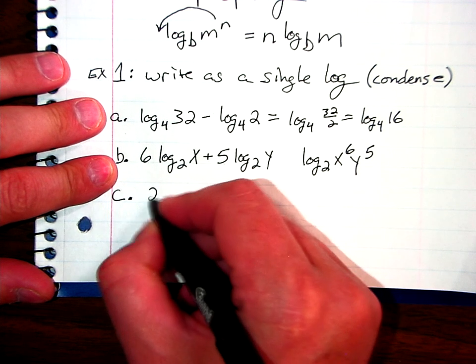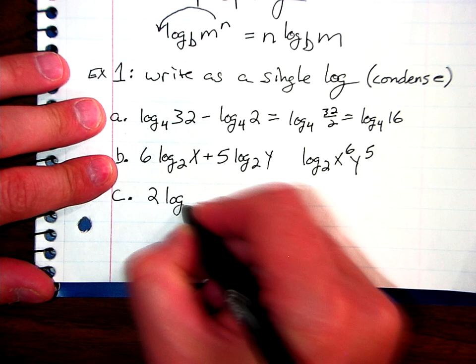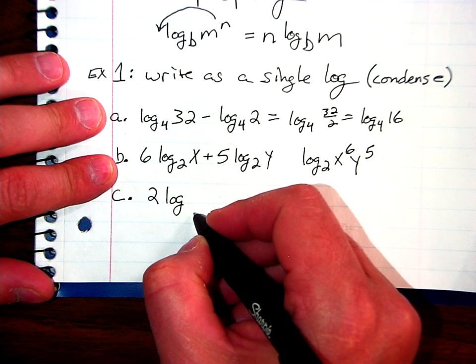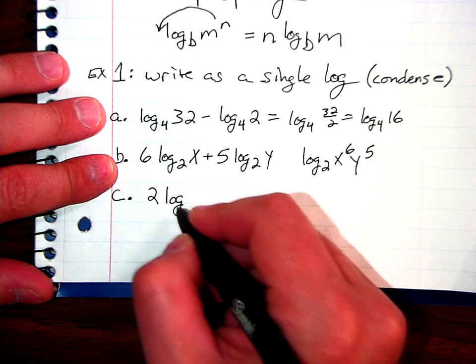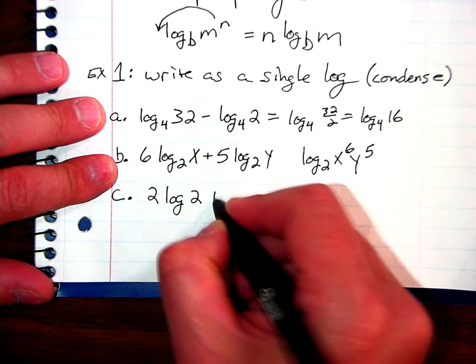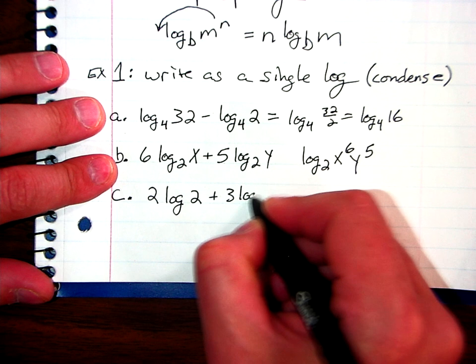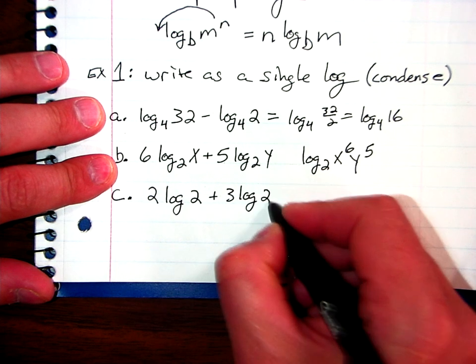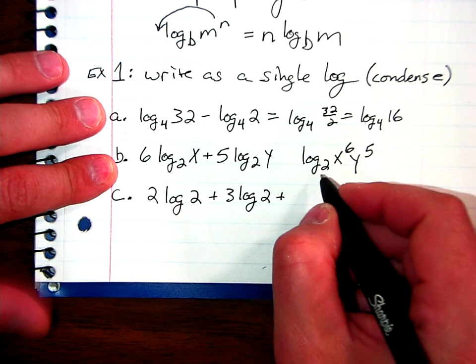All right, so 2 log, now base is 10, so do I have to write base 10? No, because that's called our common log, so I don't have to. 2 log 2 plus 3 log 2 plus log 5.